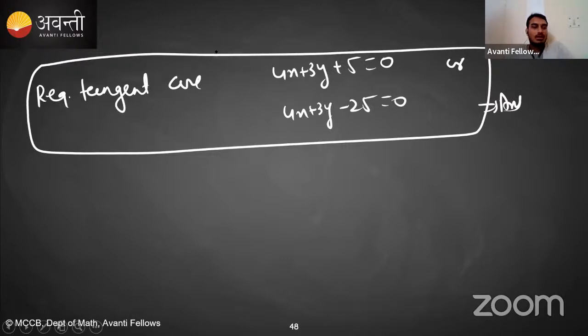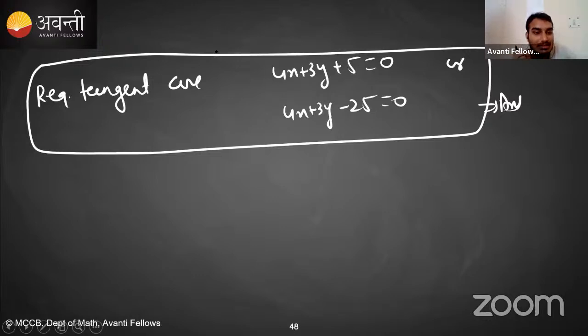So the question, question में एक बार repeat कर देता हूँ. The question said: find the equation of tangent which is perpendicular to the given line. Okay. So if the line is given and the tangent is perpendicular to the given line, we know the slope of the tangent, the negative reciprocal of the given slope. So यहाँ से slope of tangent आ गया -4/3.